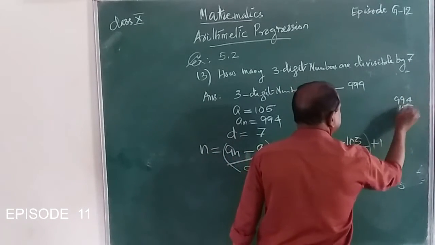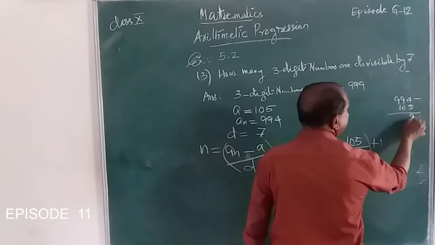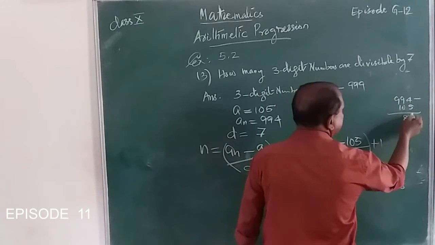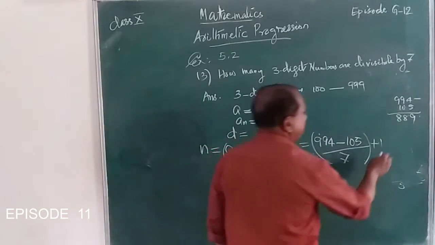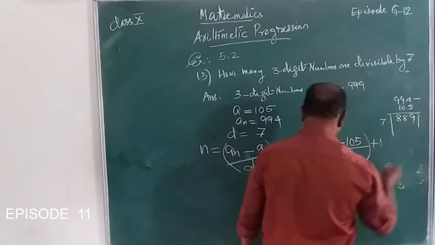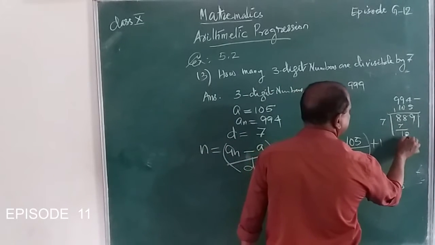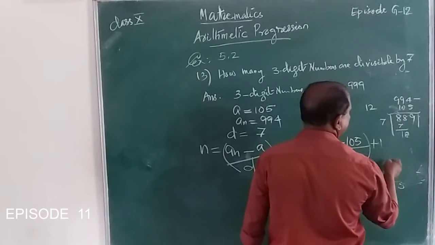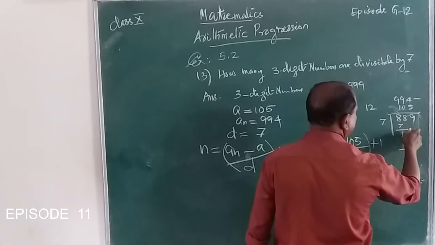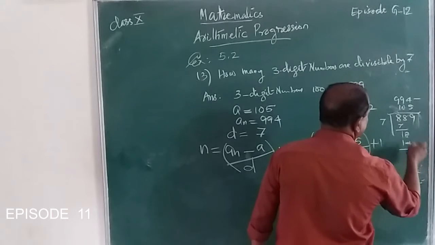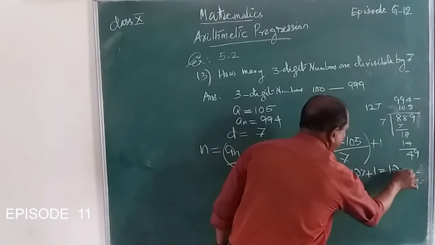994 minus 105 is 889. Then 889 divided by 7: 7 twos are 14, remainder 4, then 49, 7 sevens are 49. So 127 plus 1 is equal to 128.